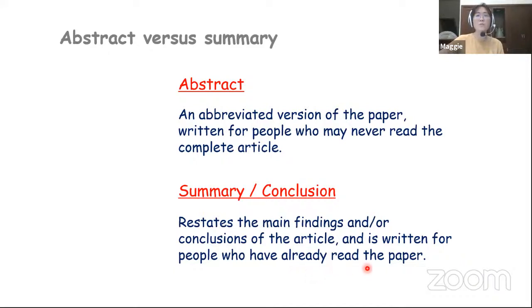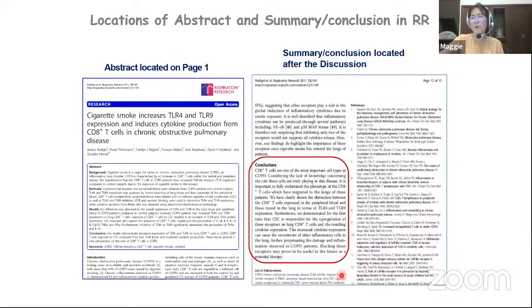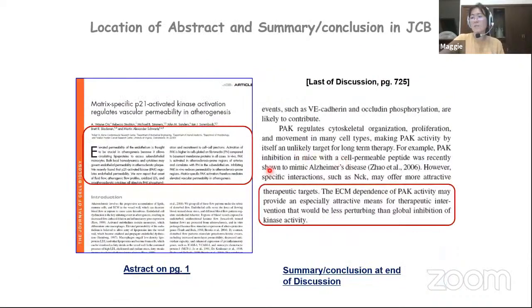So these are two different parts in the paper, with different functions. You need to know the differences between them. As you can see, the abstract is at the very beginning of the manuscript, and the conclusion is at the end. Here is one more example. This is the introduction. This is their conclusion.